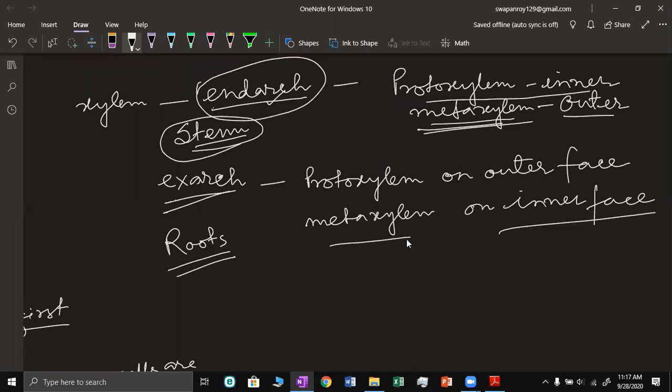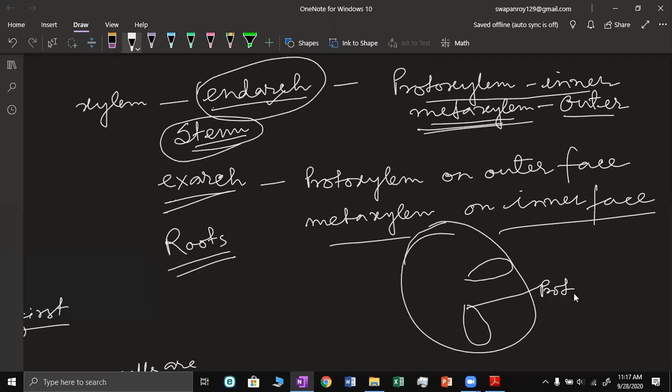We can see this by drawing. If I draw one vascular bundle like this, then on this side is protoxylem and on this side metaxylem.